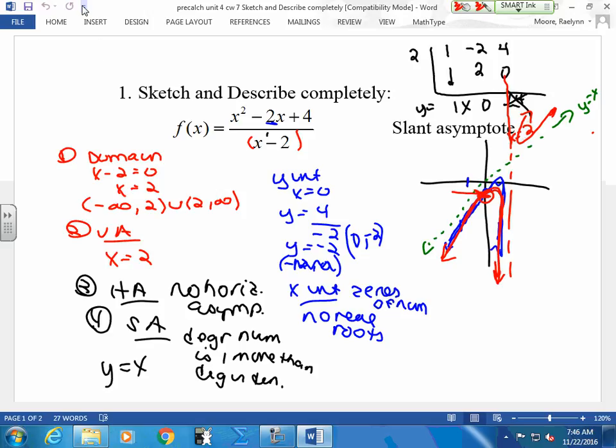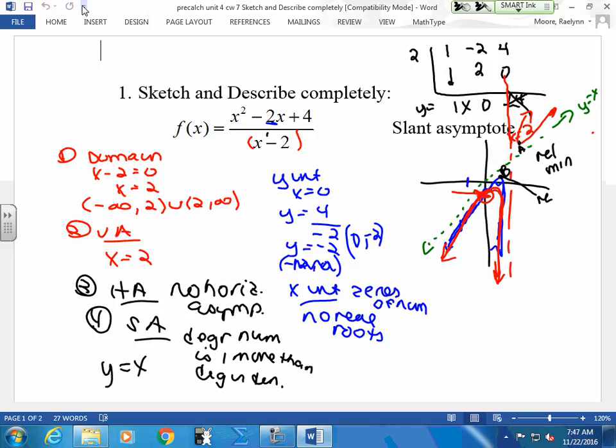You are going to have to find a max and a min on this one using your graph. Why? Because here is my relative max. Here's my relative min. Do you see where it is now? I've got a relative min over here. Let's call this A. I've got a relative max over here.